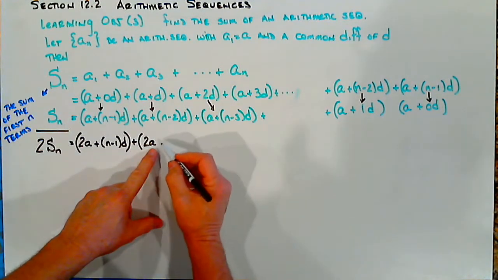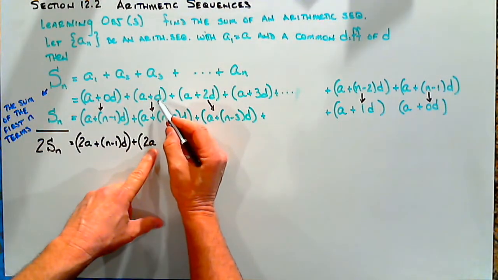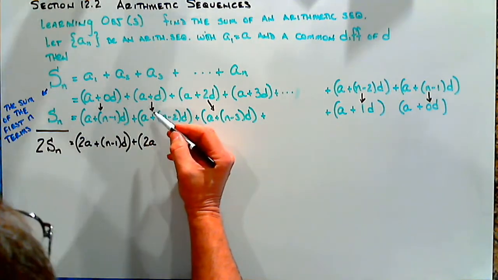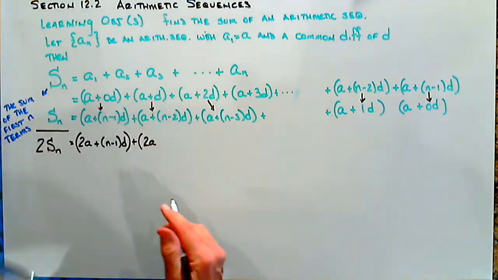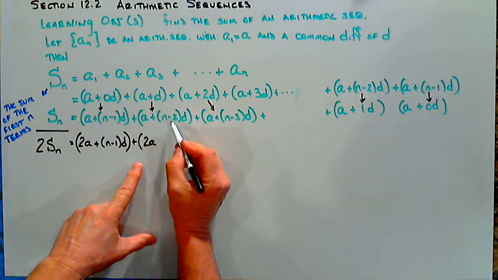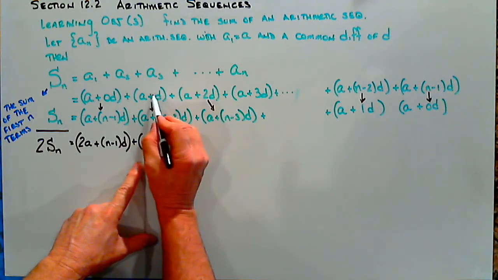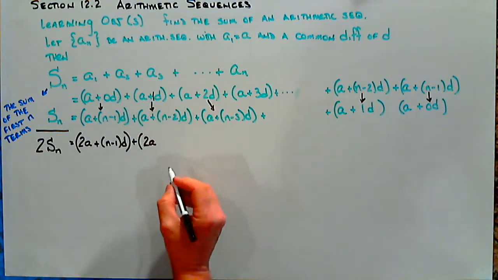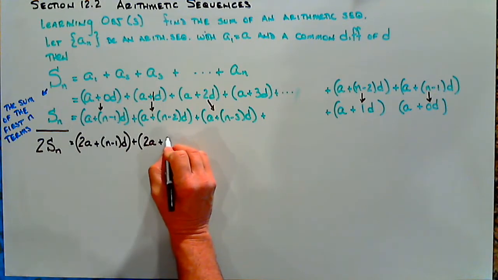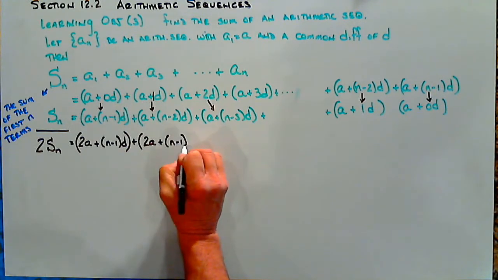And then I'm going to go d, plus n minus 2 d's. Now that's 1d right there. So 1 plus n minus 2, well, that turns out to be n minus 1 again.